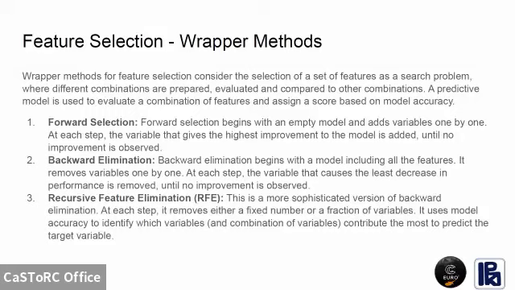You create your model with your entire set of features, and then you take out one feature and see how much it impacts your performance. If it has a high impact on your model, you keep it. If it has zero impact, then you can remove it. Then you keep going, removing features until you are left with a set from which you can no longer remove any feature without having an impact on your prediction. So this is the forward.